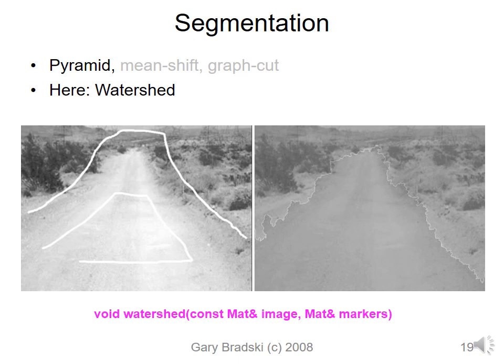This is a valley, and here a valley, and here. So this is a low pixel, low intensity. This is a high intensity.